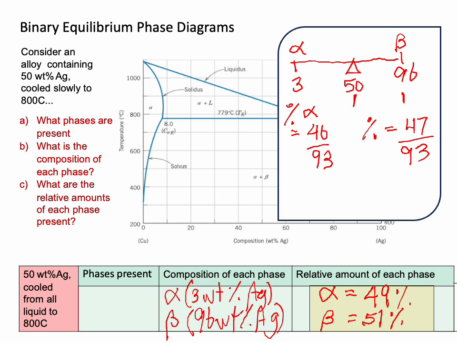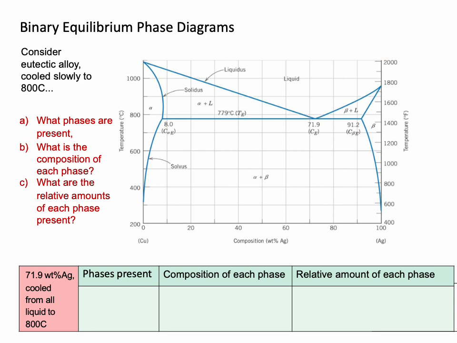All right, so what do we have next? There we are. Okay, so here I've got a eutectic alloy, which means I've got an alloy that's right at this 71.9 weight percent silver. And so when it's cooled to 800 degrees, it's still liquid.